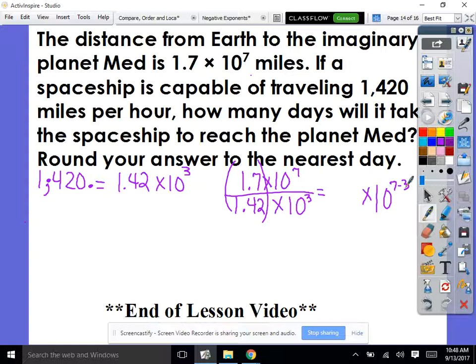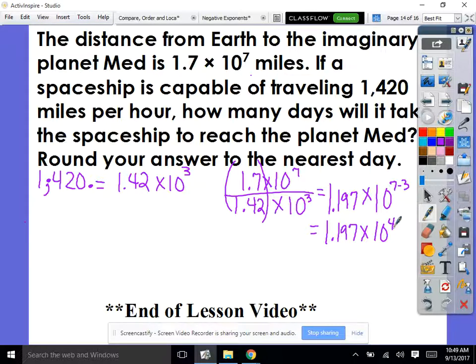I don't want you focusing on a lot of long division. So 1.7 divided by 1.42, we're going to round to 1.197. So this would be 1.197 times 10 to the 4th.